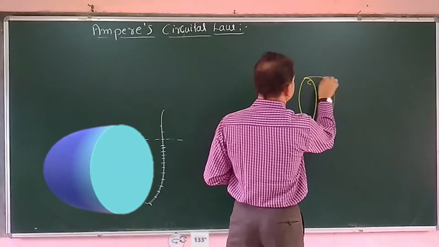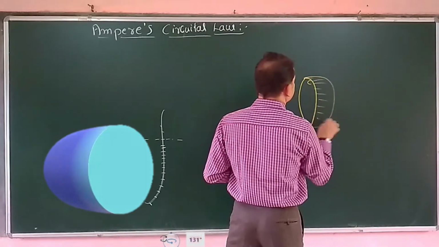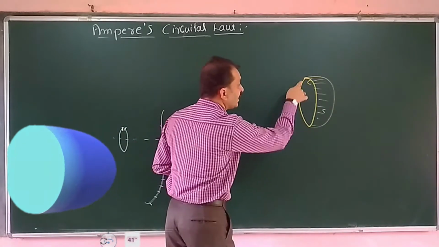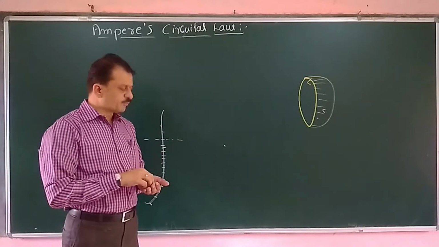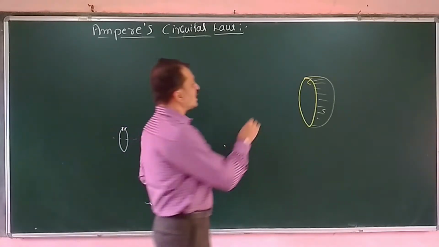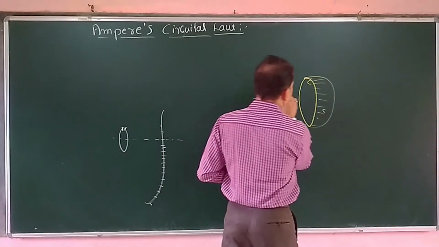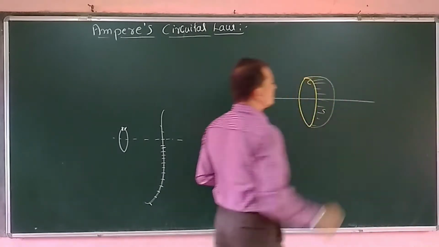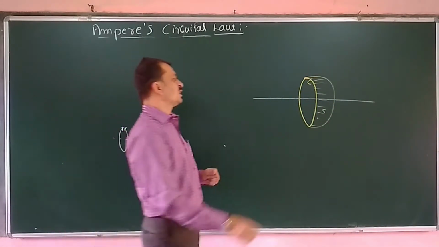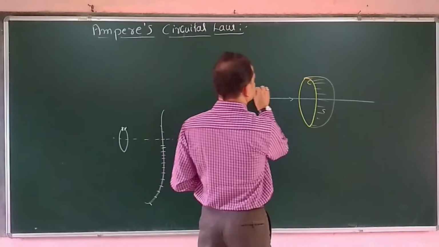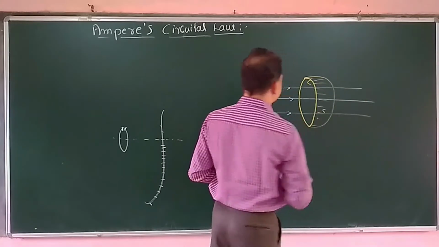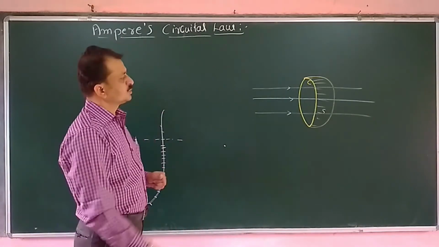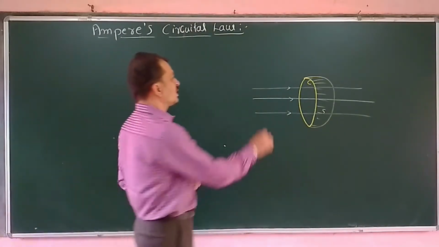We have a surface like this, having a boundary C. Now assume that current is flowing through this surface. The direction of the current is like this. Current is flowing along this direction.